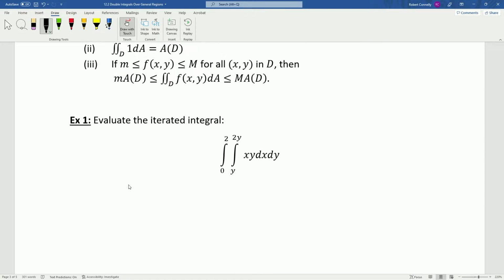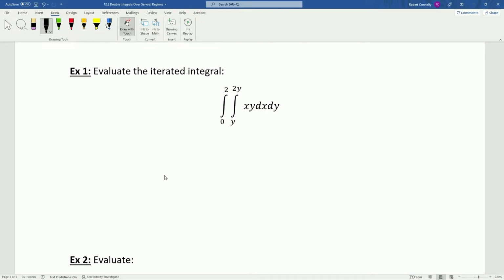Okay, so let's go ahead and just jump into an example now. Evaluate the iterated integral from 0 to 2 of the integral from y to 2y of xy dx dy. So first we integrate the inside with respect to x, and that's going to give us x squared times y over 2, evaluated from y to 2y, dy still.